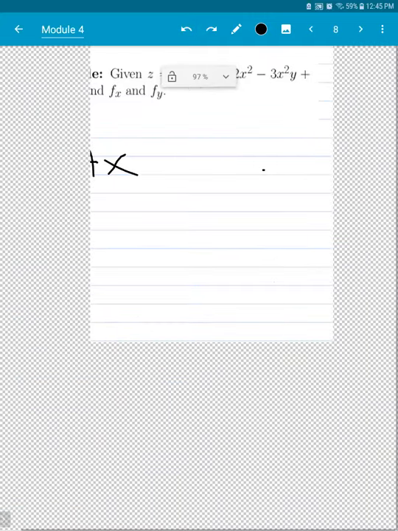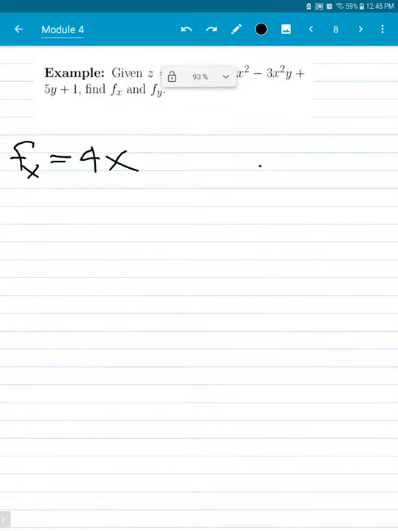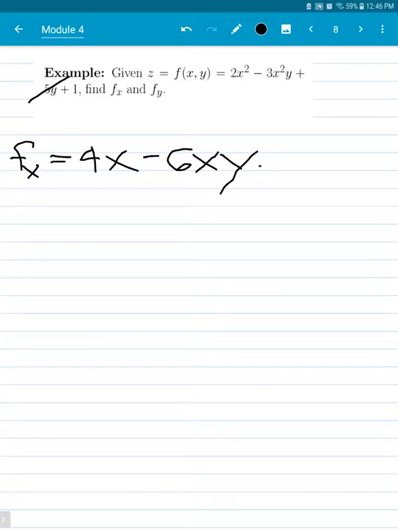So we have 4x minus 6xy. Third term, 5y, with respect to x, y is a constant, so its derivative is 0. Similarly, 1 has a derivative of 0 with respect to x. So this is the partial derivative with respect to x.